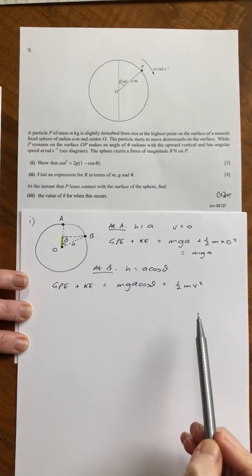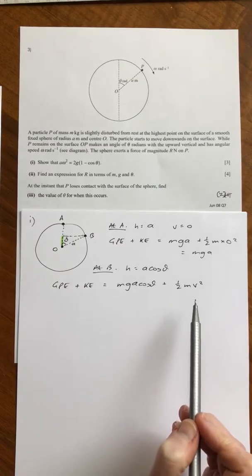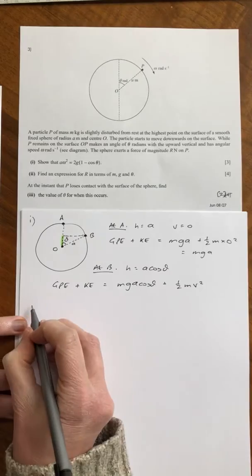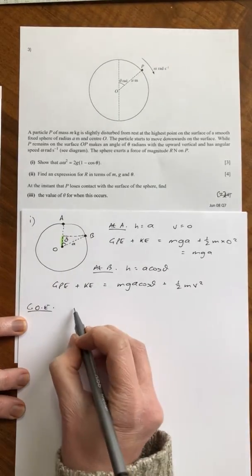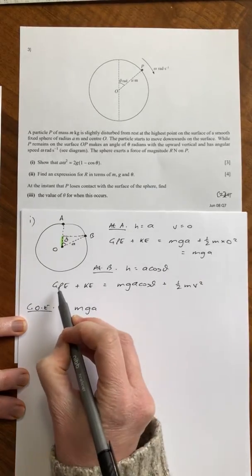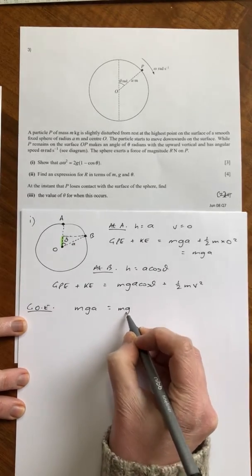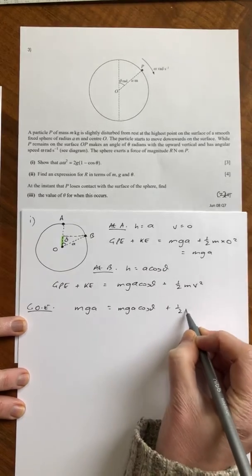What, of course, we can do now or at a later stage is use our equation v is equal to omega r to change that into omega. But I'll stick with this for the moment when I do my conservation of energy, equating these two expressions. So mga, total energy at A, is equal to the total energy at B, mga cos theta plus a half mv squared.